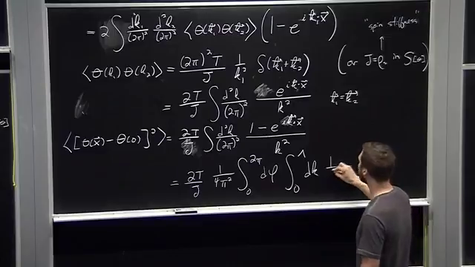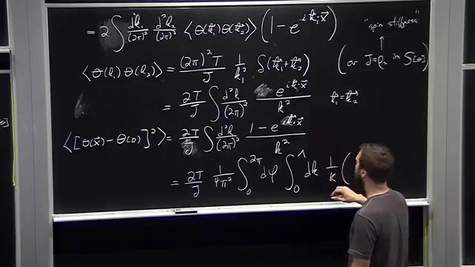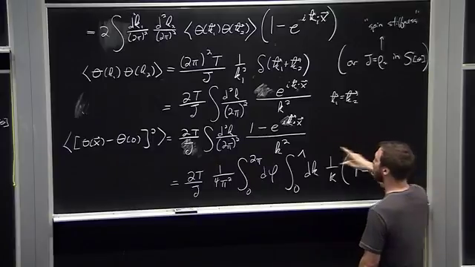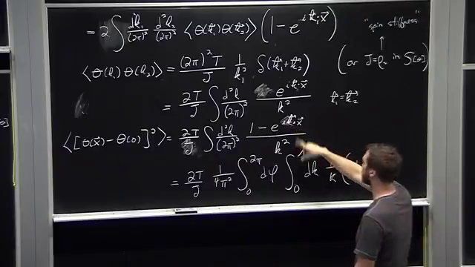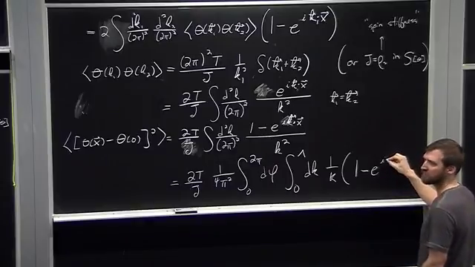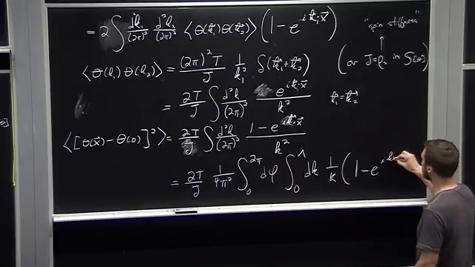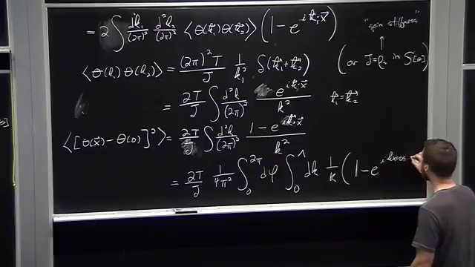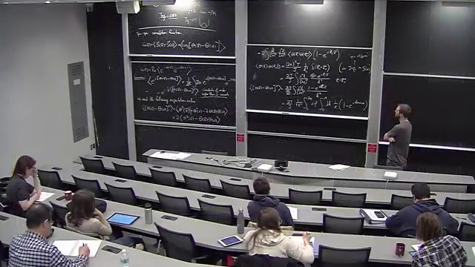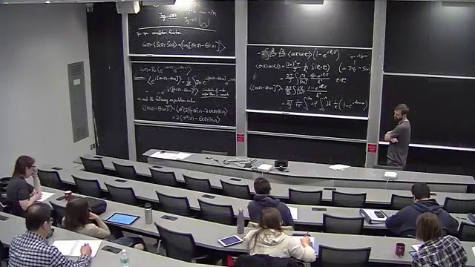Then 1 over k. And then 1 minus e to the I. And what I'll do is I'll take the dot product of k dot x and call that kx cos theta. Okay?